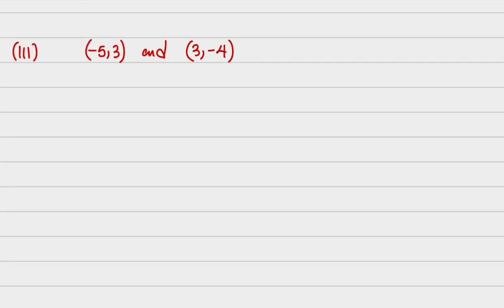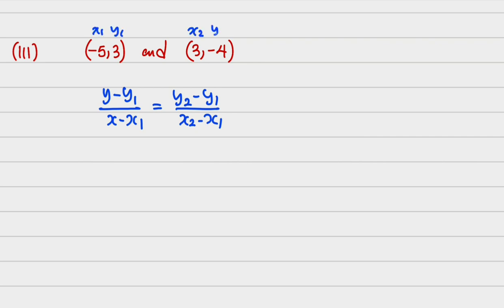Having this, it is a clear case of finding the equation of a line, because the diameter is a line given two ends. So the equation will be (y − y1)/(x − x1) = (y2 − y1)/(x2 − x1). Remember, this is (x1, y1) and this is (x2, y2).